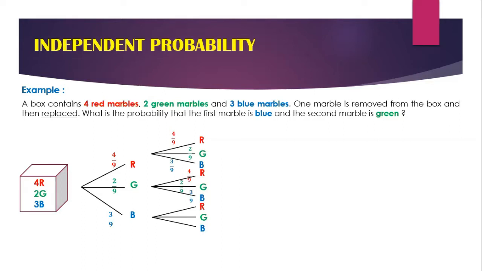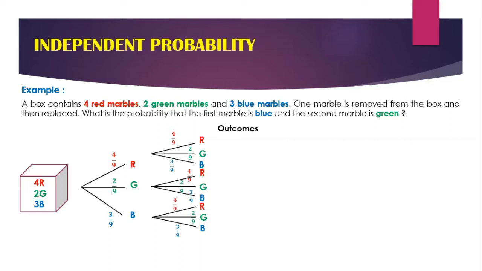This is the same for each branch: red 4/9, green 2/9, blue 3/9. Students, in this case, 1 marble is removed from the box and then replaced, so the composition is still constant, no change.